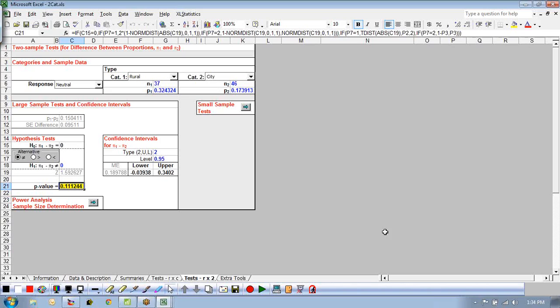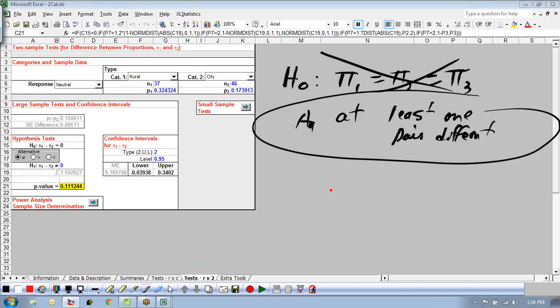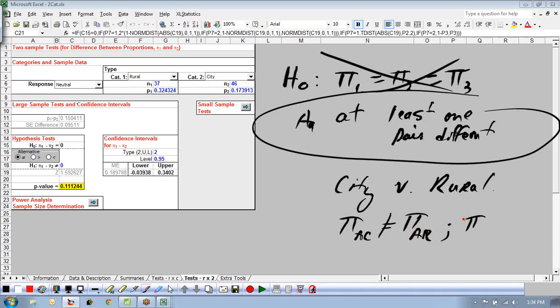That's it, folks. Not too super interesting, but what we can really say is that, if we're comparing city versus rural, the proportion who agree is different in the city versus rural. We can say that the proportion who disagree in the city differs from that of rural.